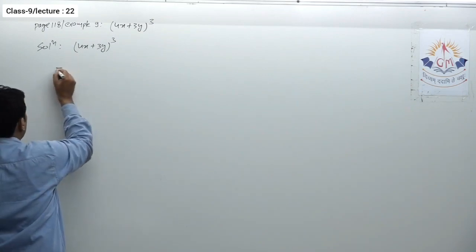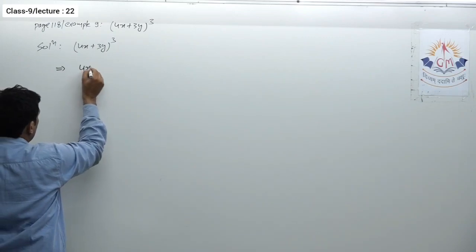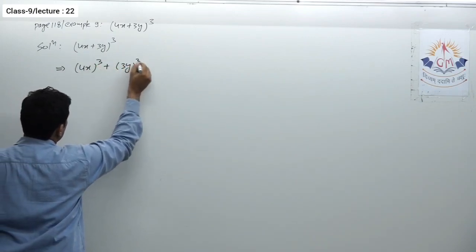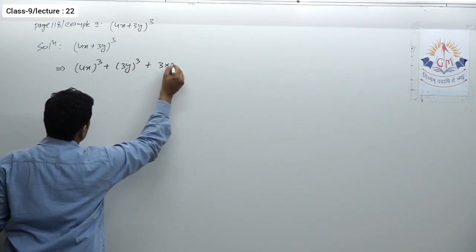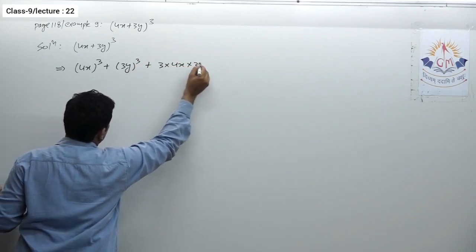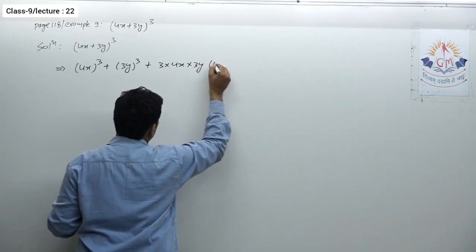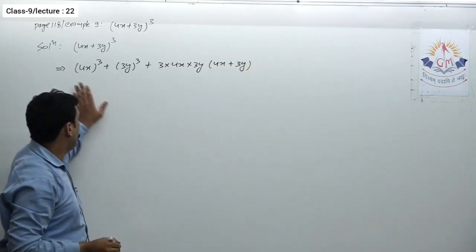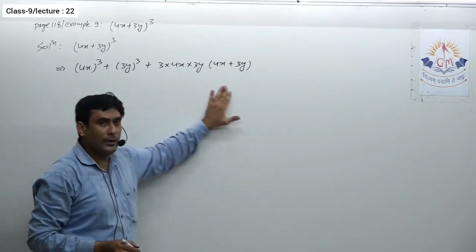Now the identity of a plus b whole cube says a cube plus b cube plus 3ab into a plus b.